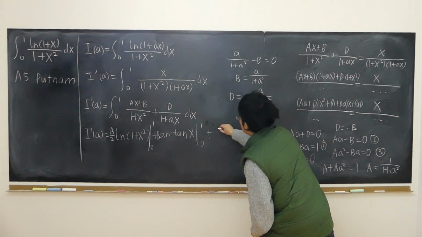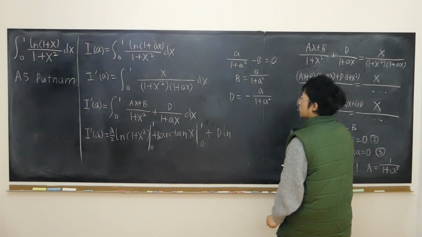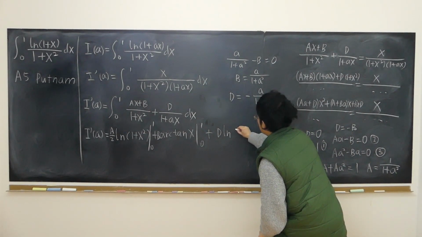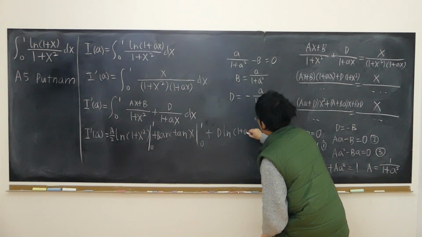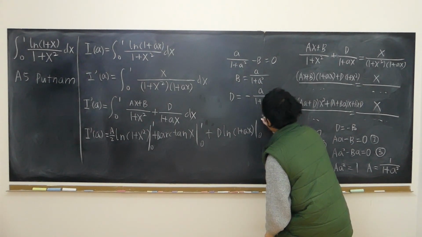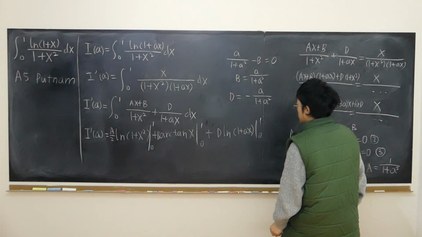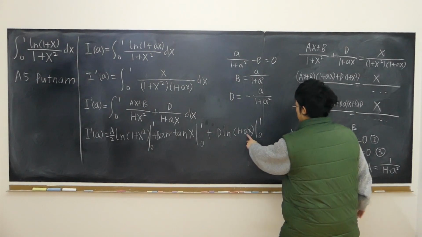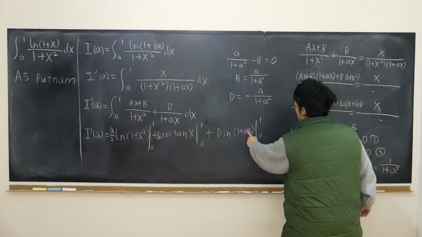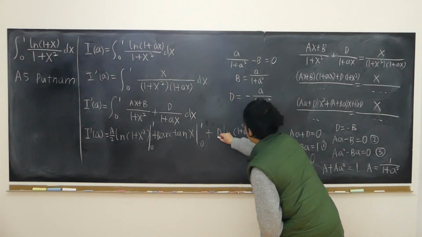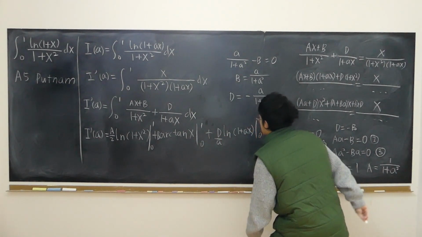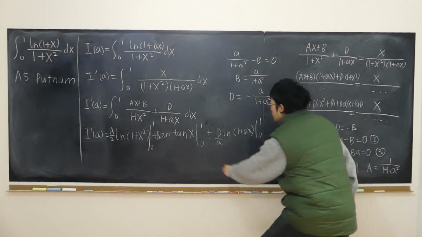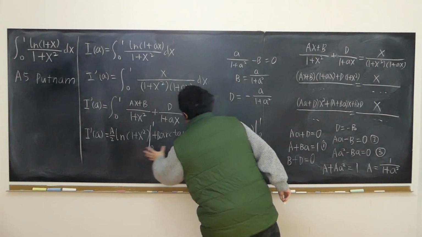So d times logarithm of 1 plus ax times some constant. What constant do we multiply by? Differentiate this one, we have a, so divide by a. This is my constant.